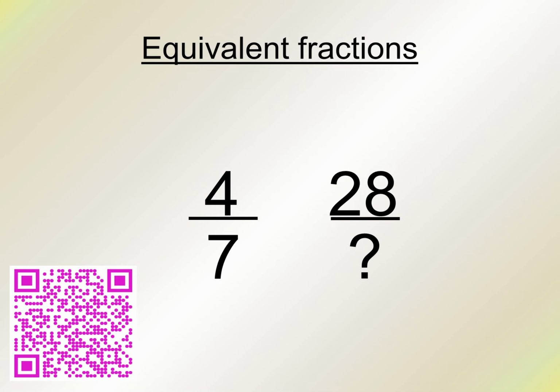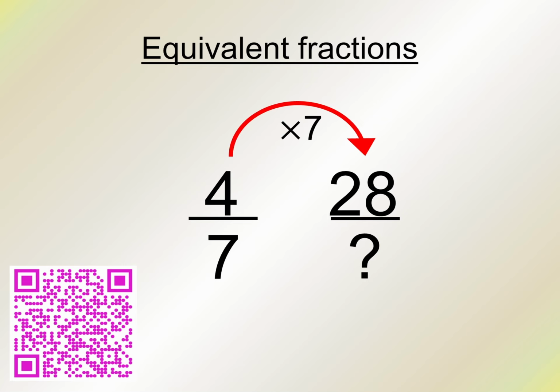Similarly, for equivalent fractions, we're looking at what is the common factor here. We're given the fraction 4/7, and we want to know what it is equivalent to if another fraction had a numerator of 28. What would the missing denominator be? Two ways you can look at it. You can think, how do I get from 4 to 28?